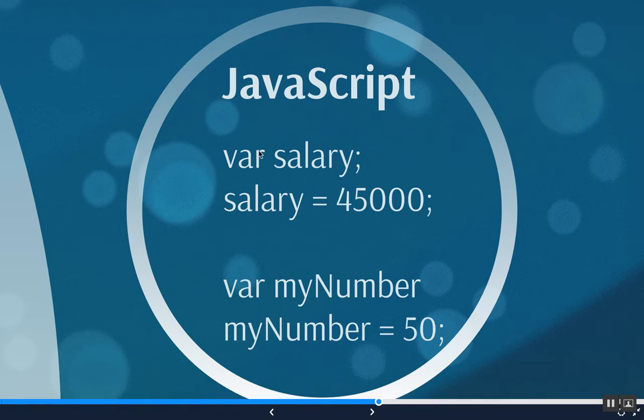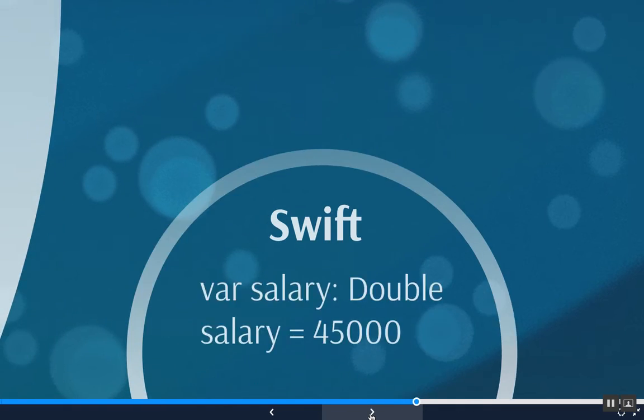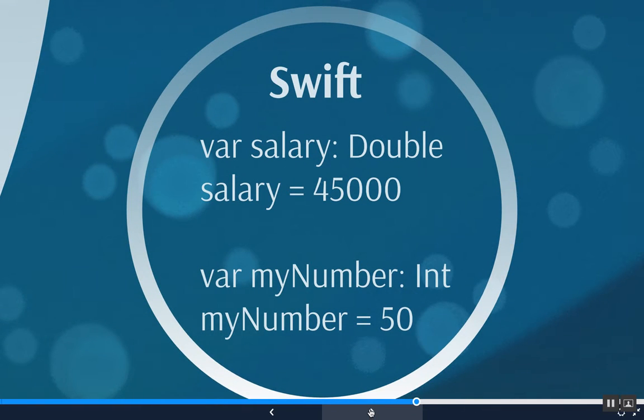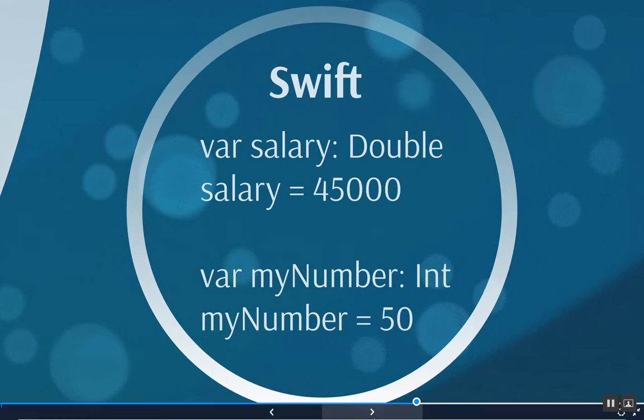We don't have to tell it what kind of data is coming in. We can just say var for variable, var salary, and then later in code we could assign the value to it. Var myNumber, later assign the number to it. Swift is strongly typed, so we say var salary colon double. Later we can assign to it, and var myNumber int for integer, and then later assign 50 to that.